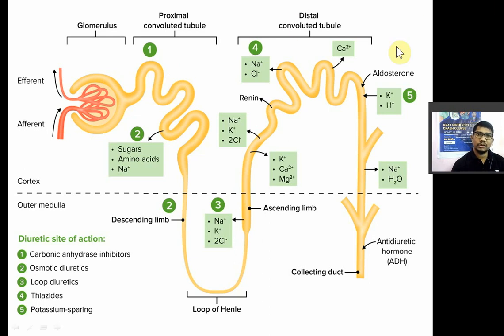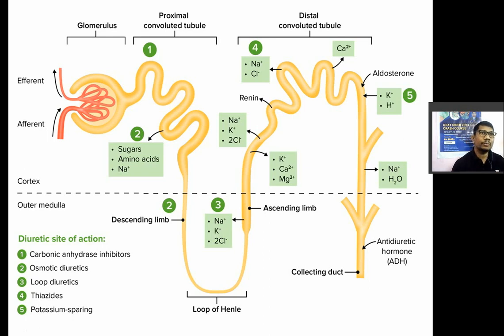So nutrients that are required for your body, sugars, amino acids, ions, are reabsorbed from the PCT, loop of Henle, and some part of DCT. So PCT means proximal convoluted tubule, DCT means distal convoluted tubule. Water is essential, sugars are important, amino acids are required, ions are required, so they are reabsorbed.